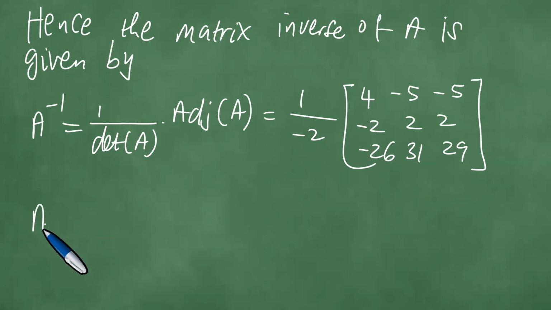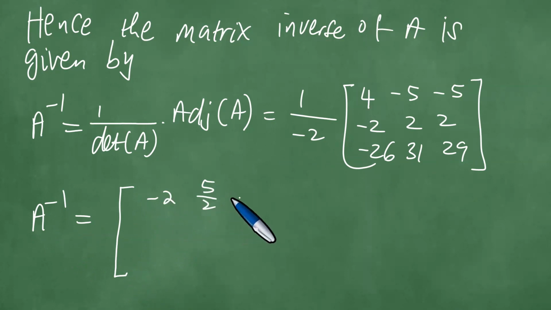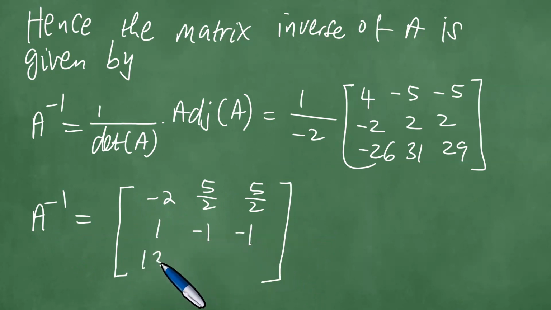So it means, therefore, the inverse, if you multiply through, is exactly minus 2, 5 over 2, 5 over 2, 1, minus 1, minus 1, 13, minus 31 over 2, minus 29 over 2. So that is the answer.